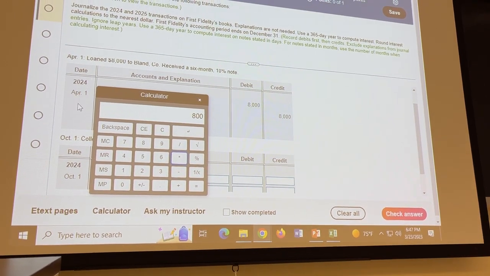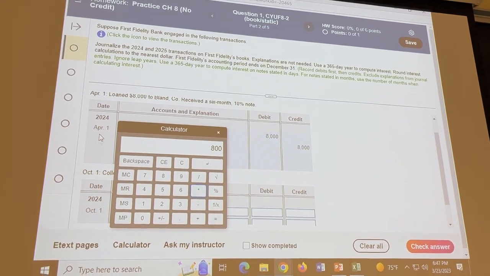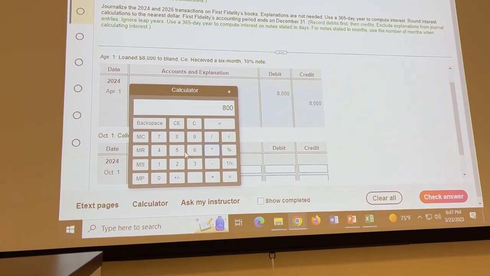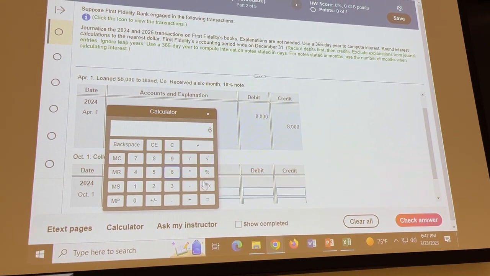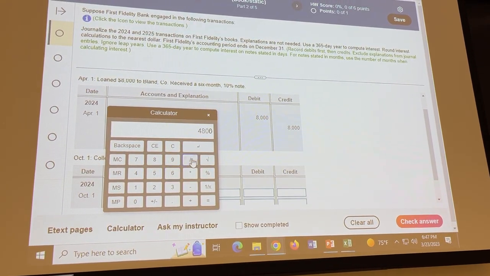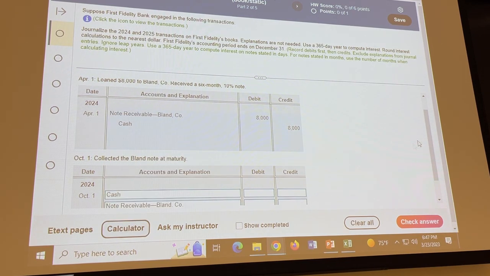April's the 4th month of the year, October's the 10th month of the year, so 10 minus 4 means the note was outstanding for 6 months. So times 6 divided by 12 to get 6/12 of the year. So that's $400 of interest.